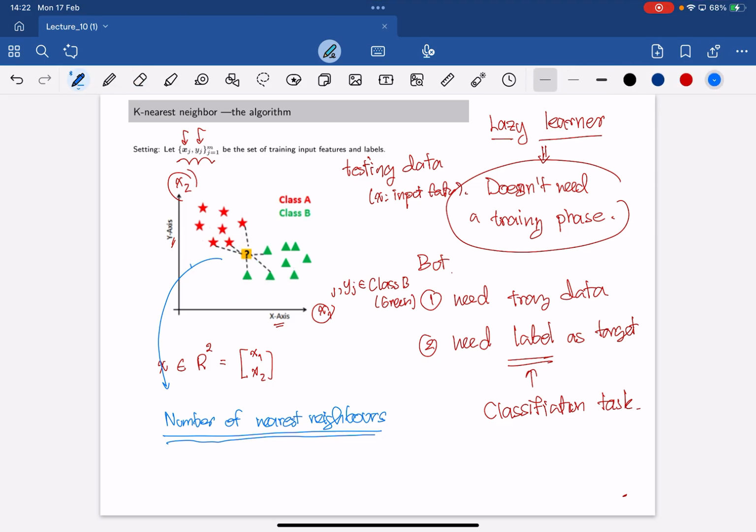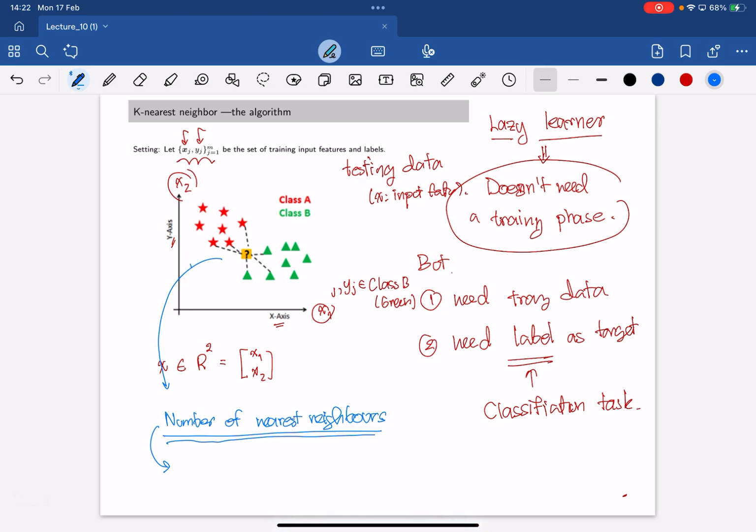And in this case, we normally judge this number by running the validation.